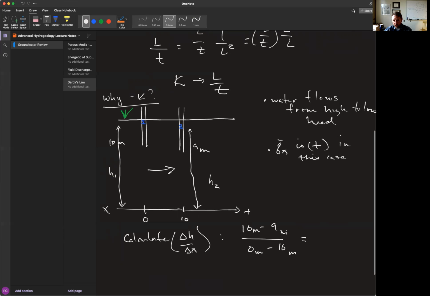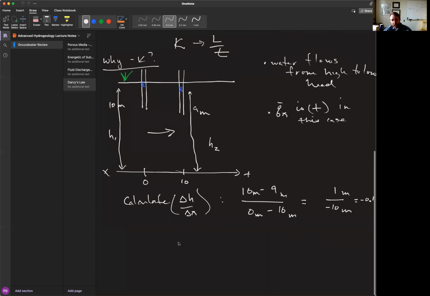I'm going to get, I'm sorry, a positive 1 meter in the numerator, and this is -10 meters. So this is equal to -0.1. That's my hydraulic gradient.